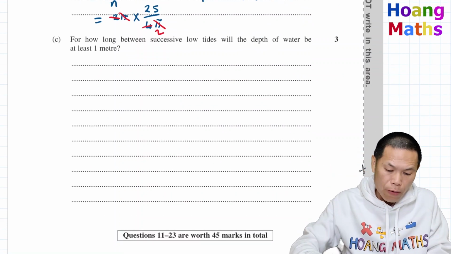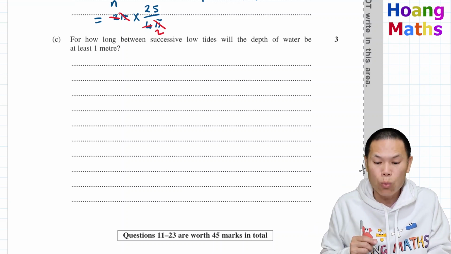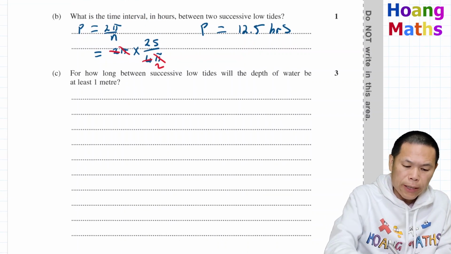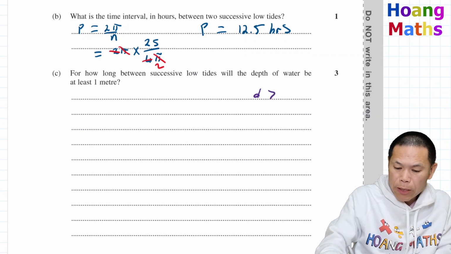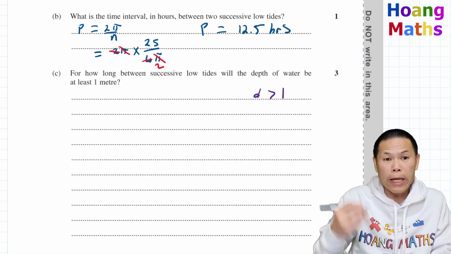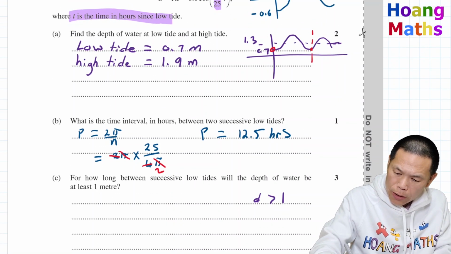Part C. For how long between two successive low tides will the depth of the water be at least 1 meter? This means that D must be greater than 1 meter. Let me make it equal to 1 first because I need to find the distance.